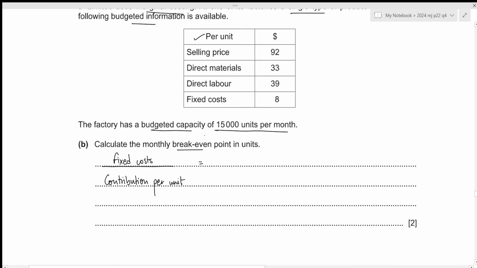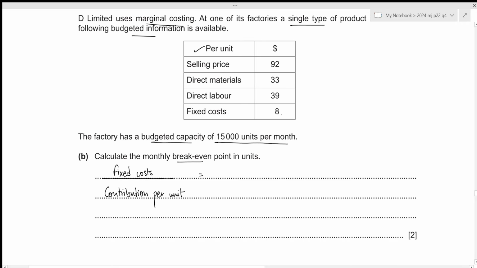And in this case, we have been given the fixed cost per unit, so we can multiply it to the total number of units in order to get the total fixed cost. So that should just be 8 times 15,000, which results in the value of 120,000. Then the contribution per unit is just going to be the selling price minus all of the variable cost.